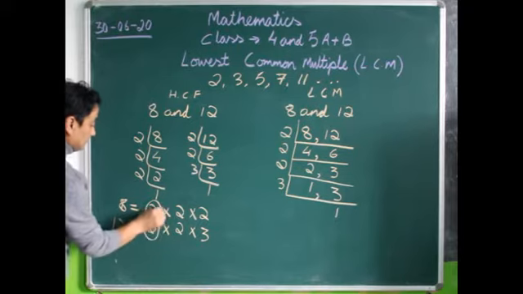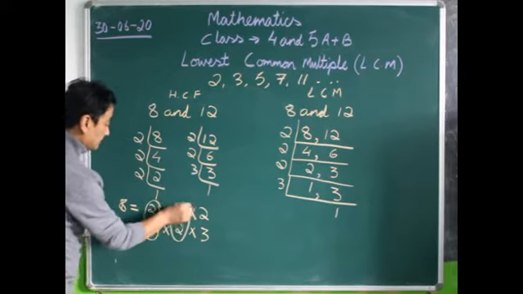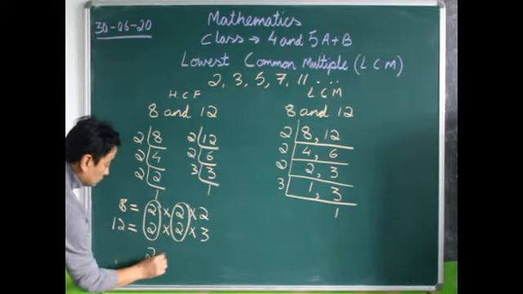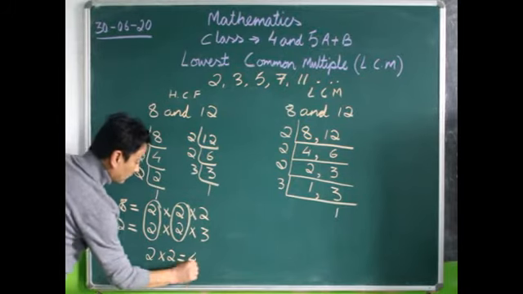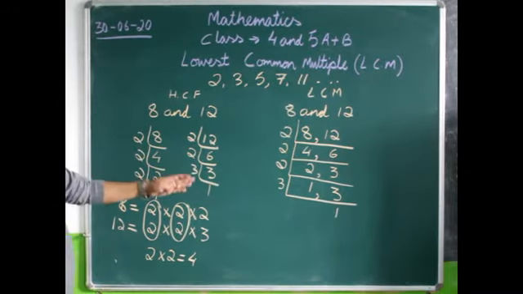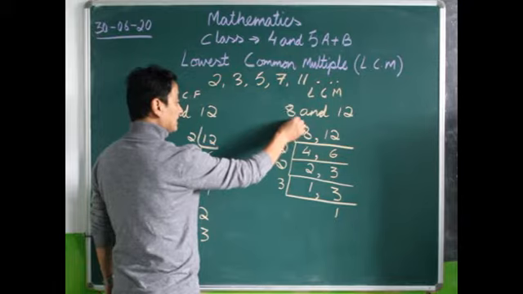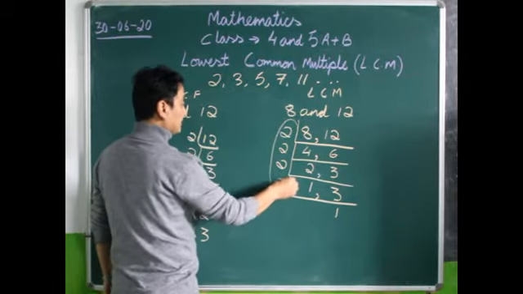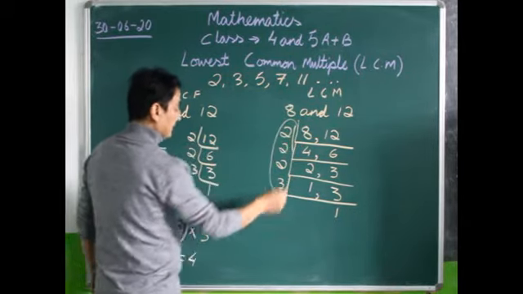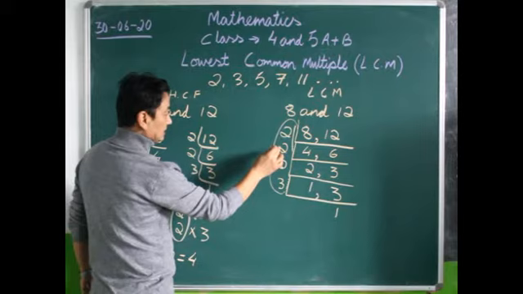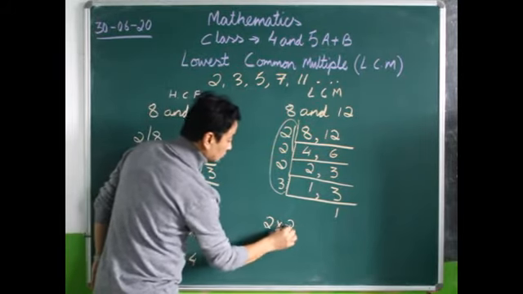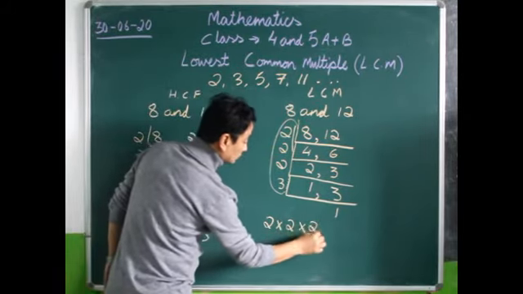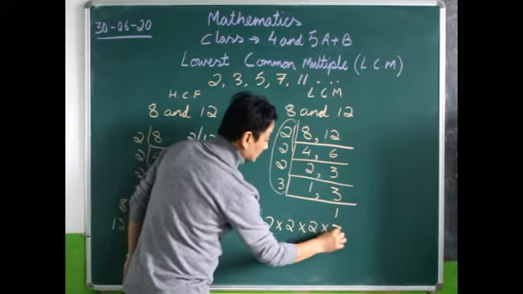Circle the common numbers. So we bring 2 into 2 equals 4. Now here it's just different. Whatever prime numbers we used here, we have to bring them down: 2 into 2 into 2, 2 into 2 into 2 into 3.